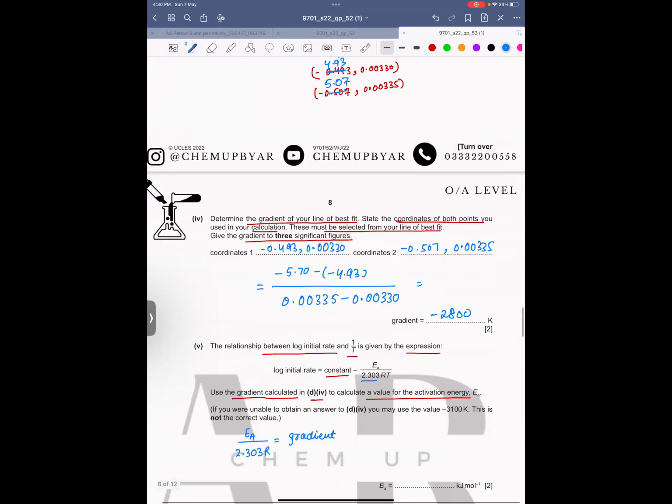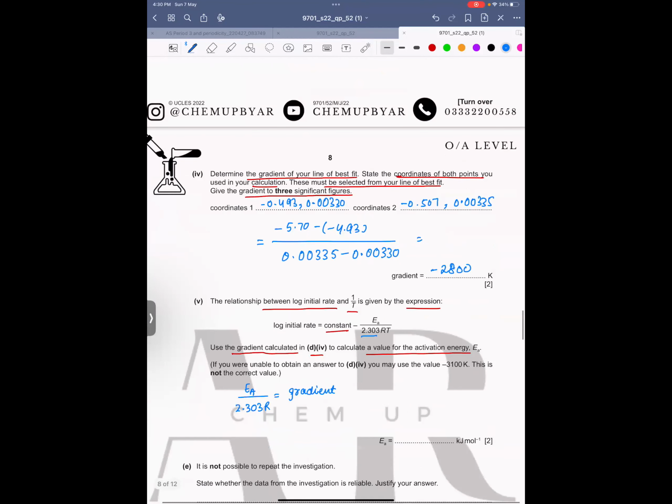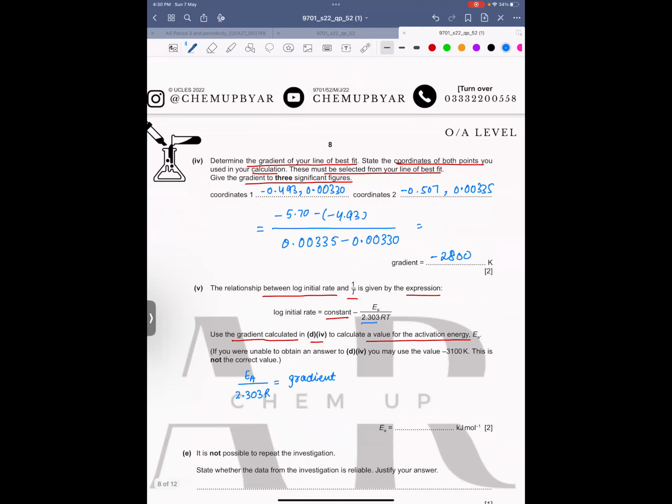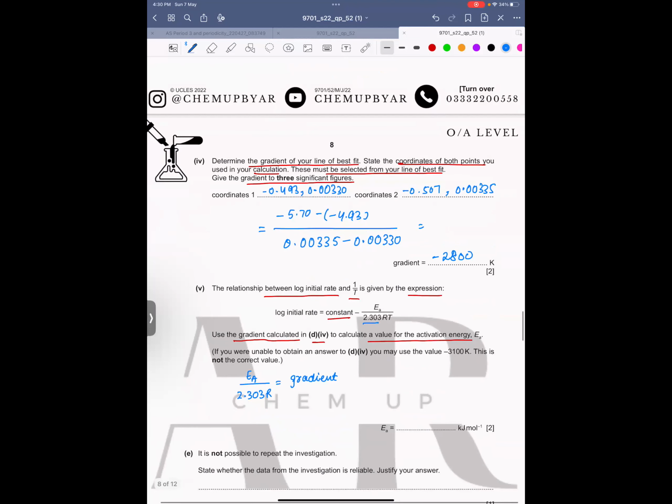So okay, here there is a minus sign. Negative Ea over 2.303 R is actually equal to gradient. So if I have to find the activation energy, it would be equal to minus 2.303 and R would be 8.31 times negative 2800.